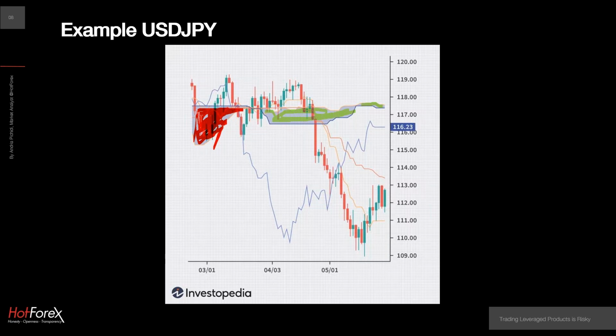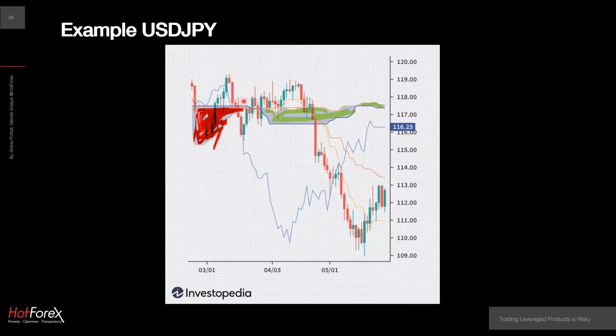So over here you can see that we couldn't really enter the market because it was a bit confusing. The price was within the cloud, so there wasn't a clear indication where it is going. Then it turned below the cloud, but we didn't have any strong signal.